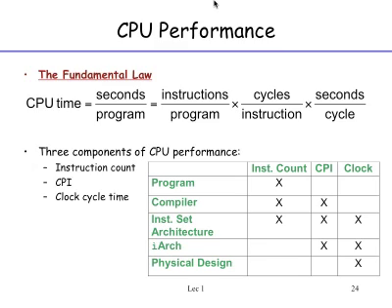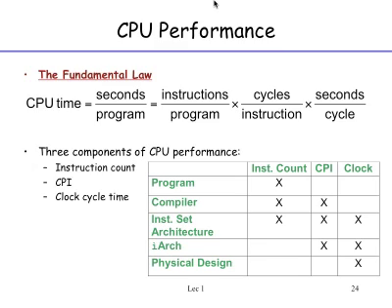This is a very important formula. We call it the fundamental law. CPU time, or the execution time, is determined by several factors. First, we use seconds to measure the execution time.